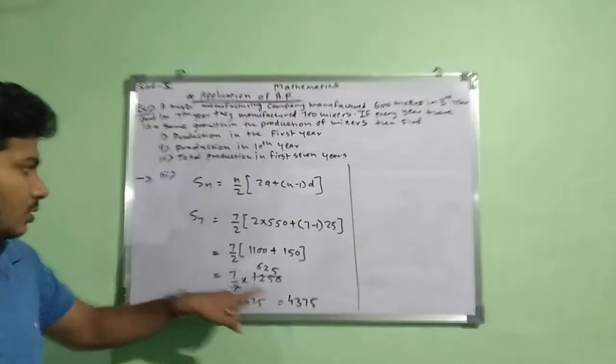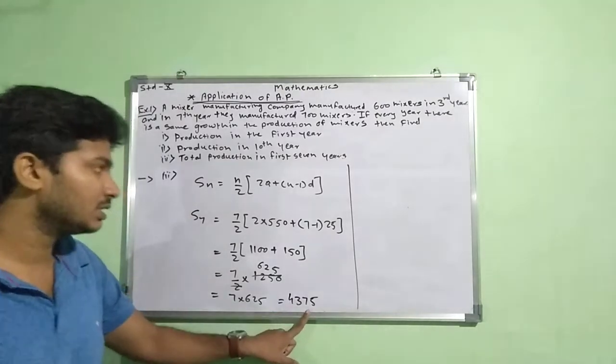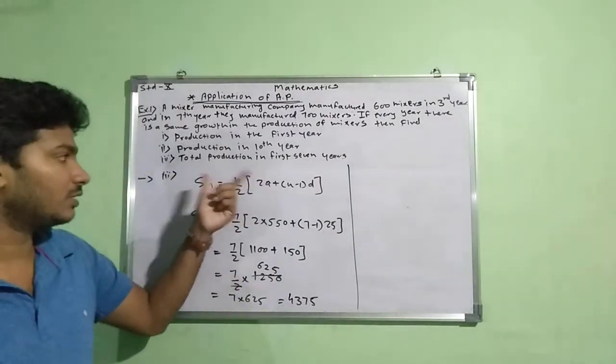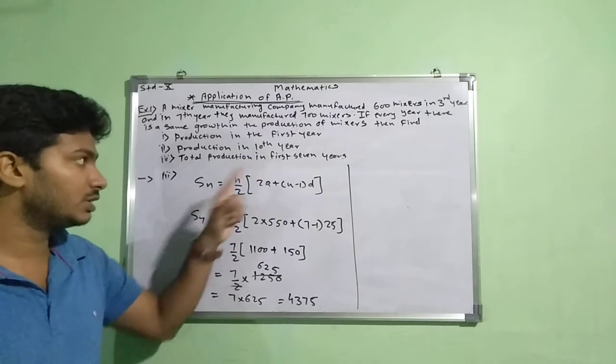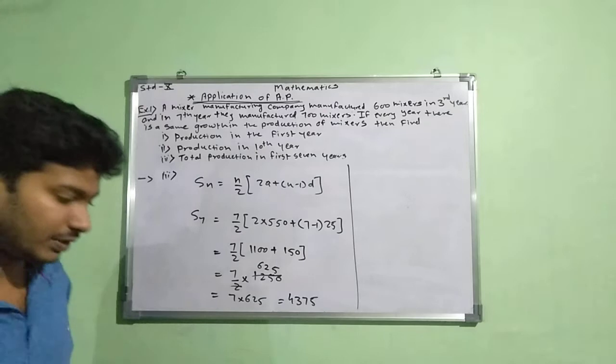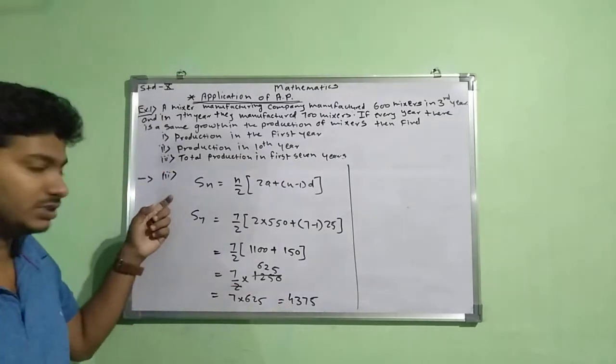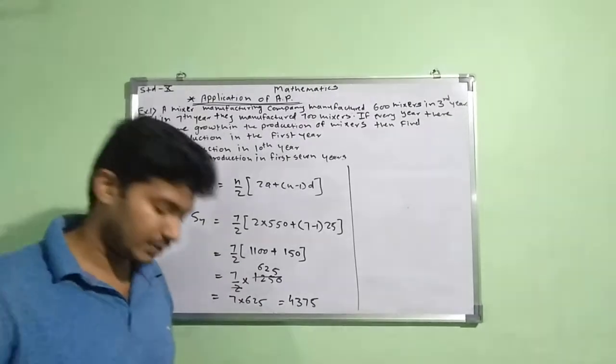Okay, so here we got S7 as 4375. That means the total production of that mixture from first year to 7th year was 4375 mixtures. So that will be the answer of that last sub question, third one. So this is how we have to solve that value.